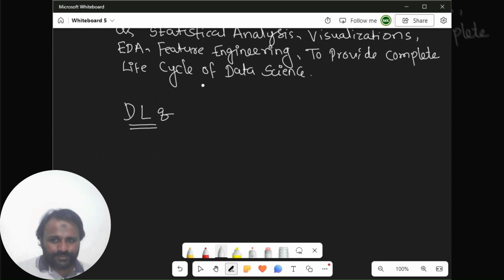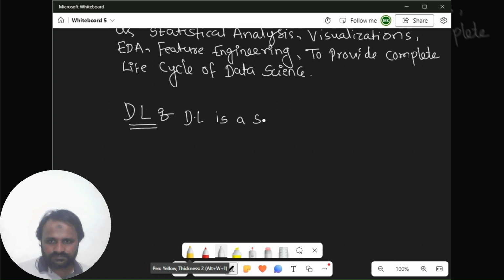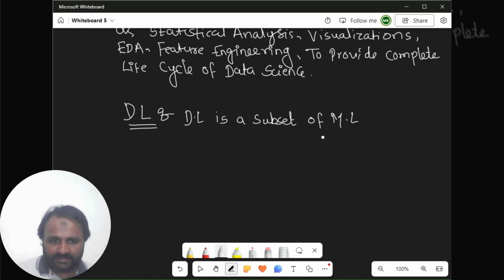First of all, whatever you saw in the Venn diagram, you should understand that DL is a subset of ML. Now DL is not famous only now. I can say that DL is not like that.